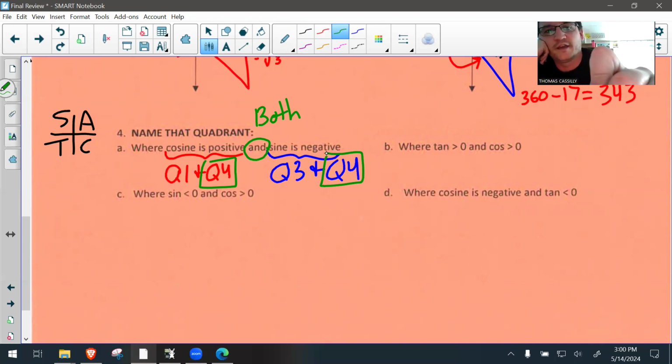All right, so same kind of thing. Tangent is greater than 0. So this one is Q1 and Q3. All right, cosine is positive in Q1 and Q4. So again, they are just asking where are both of these true? Well, Q1 is your overlap.